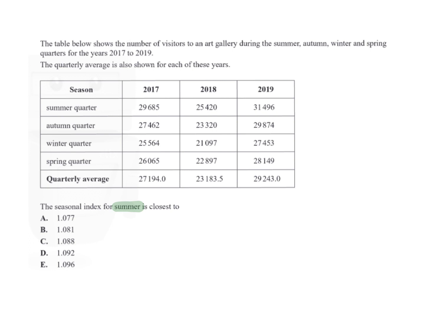And this data is written in a different way to yesterday. So I'm going to do summer seasonal index of 2017. And just over here, I'll write, remember, seasonal index equals actual over seasonal average.